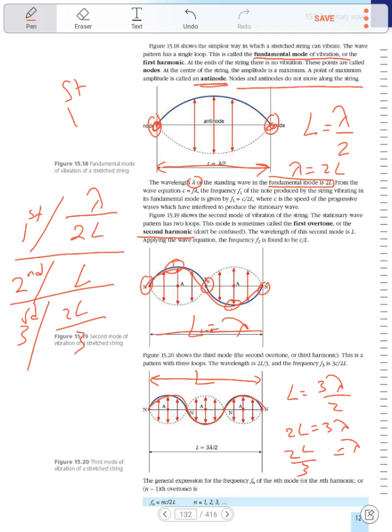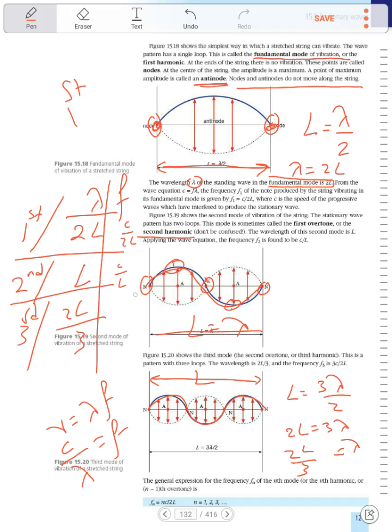You can find the value of the frequency if you know the wavelength, because v equals lambda times frequency. So frequency equals v over lambda, where v is the wave speed. Here we have c over lambda equals frequency. For the first harmonic, it is c over 2L.